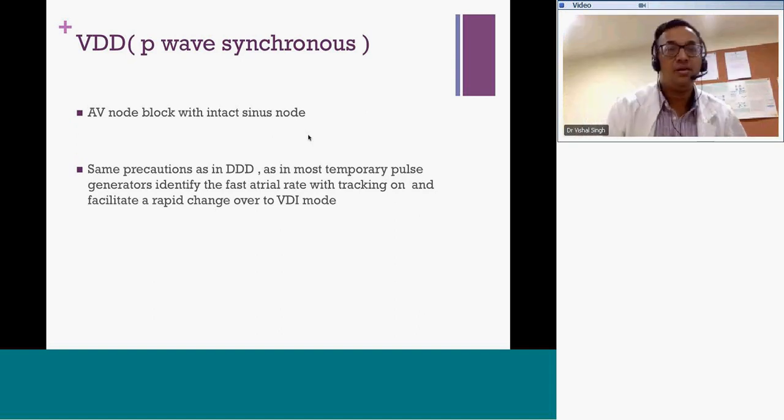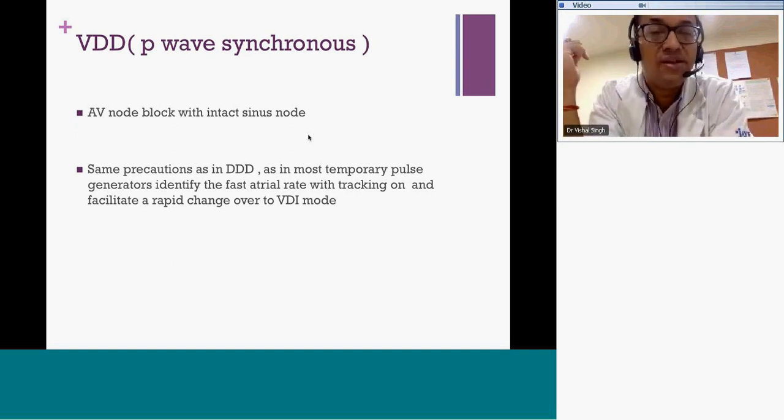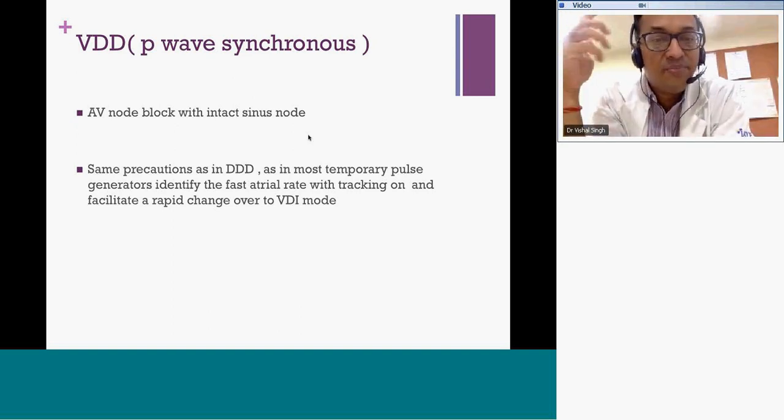A step further, just P wave synchronous, but here only the ventricle is paced. You use it in patients with AV node block with intact sinus node, the same as DDD, with atrial tracking, and following a rapid changeover to VDI mode.